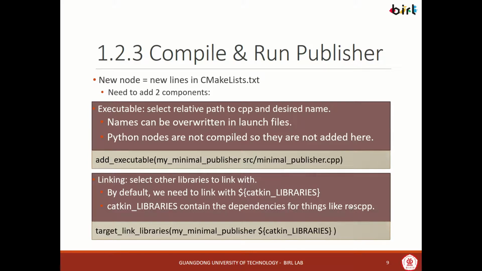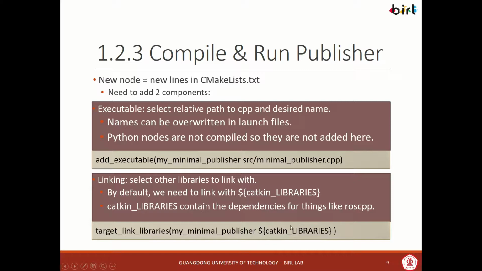Okay, and so how do we do that in the cmake lists.txt file? We would use this command, target link libraries, put the name of our node, our executable node, and then we have this variable. In cmake, variables are created with this dollar sign and then curly brackets here and here, and then a predefined environment variable.